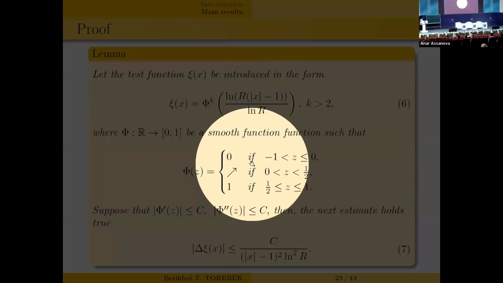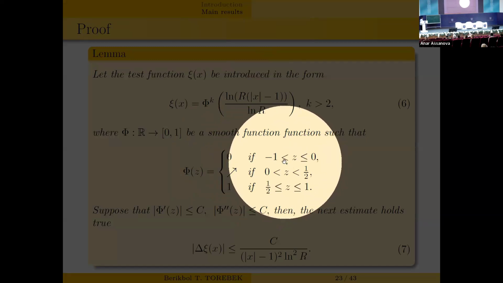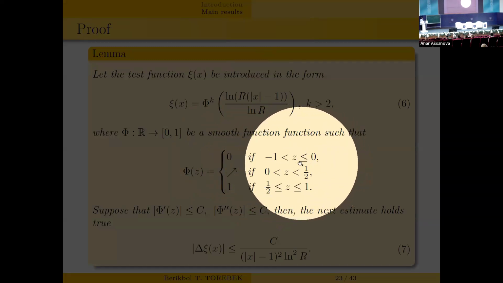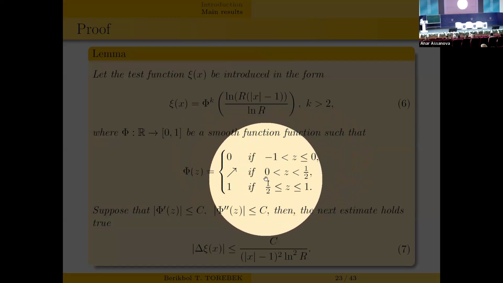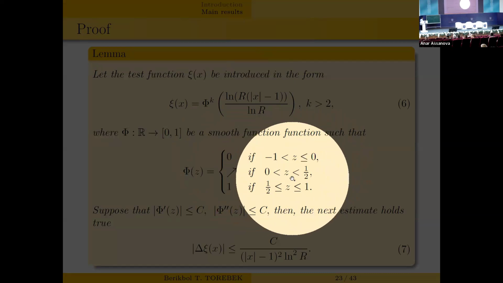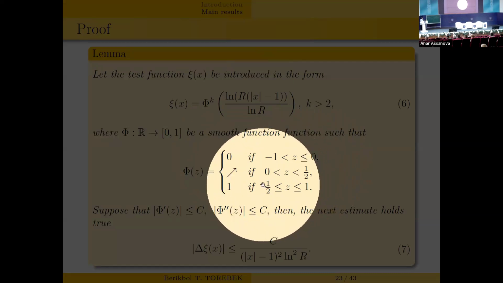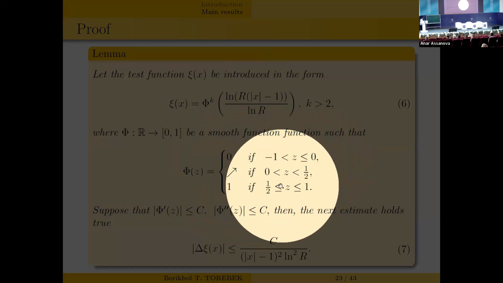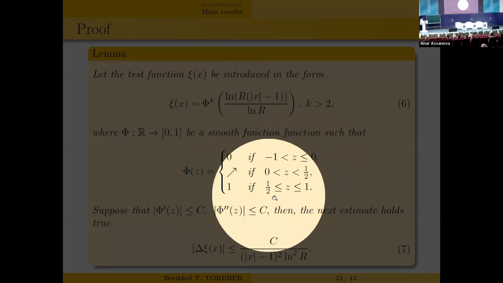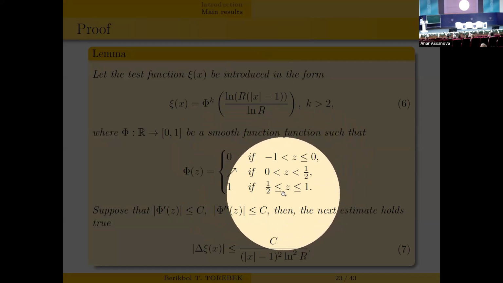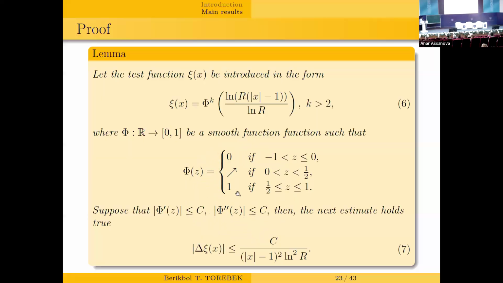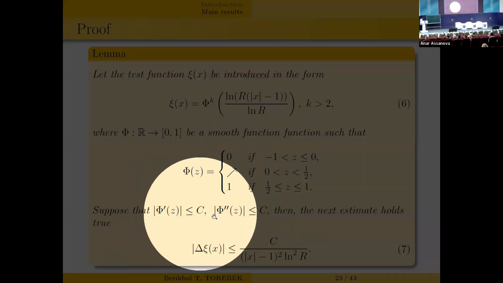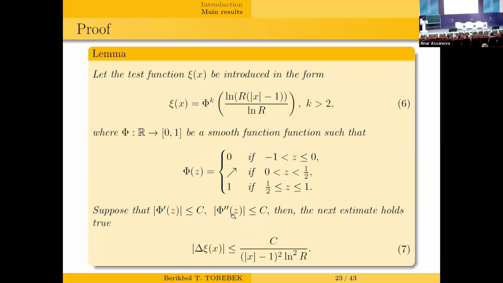It is 0 if z is between -1 and 0, and it increases when z is between 0 and 1 divided by 2. And if z is inside the range between 1 divided by 2 and 1, then this function equals 1. And also we suppose that the first derivative and second derivative of this function are bounded.